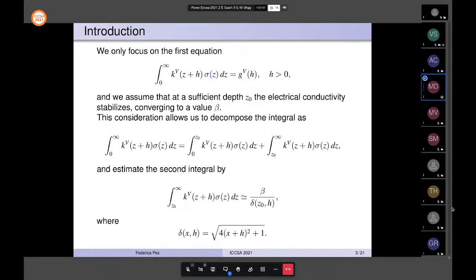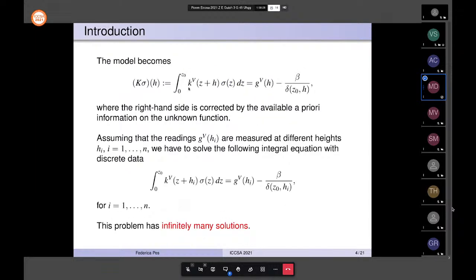And we assume that at a sufficient depth z0, the electrical conductivity stabilizes and converges to a value beta. This assumption allows us to decompose the integral into sums, and we can estimate the last integral by this quantity.